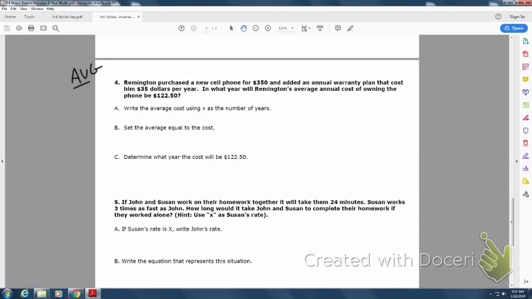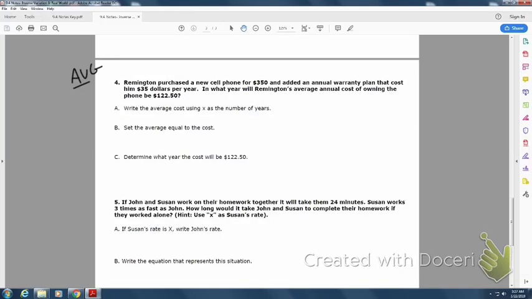Okay, so it says Remington purchased a new cell phone for $350 and added an annual warranty plan that will cost him $35 per year. In what year will Remington's average annual cost of owning the phone be $122.50?